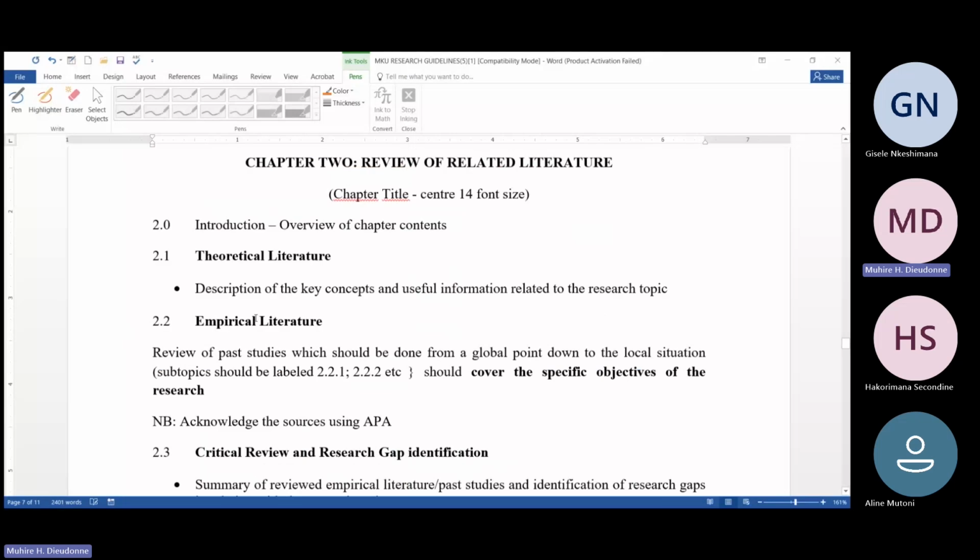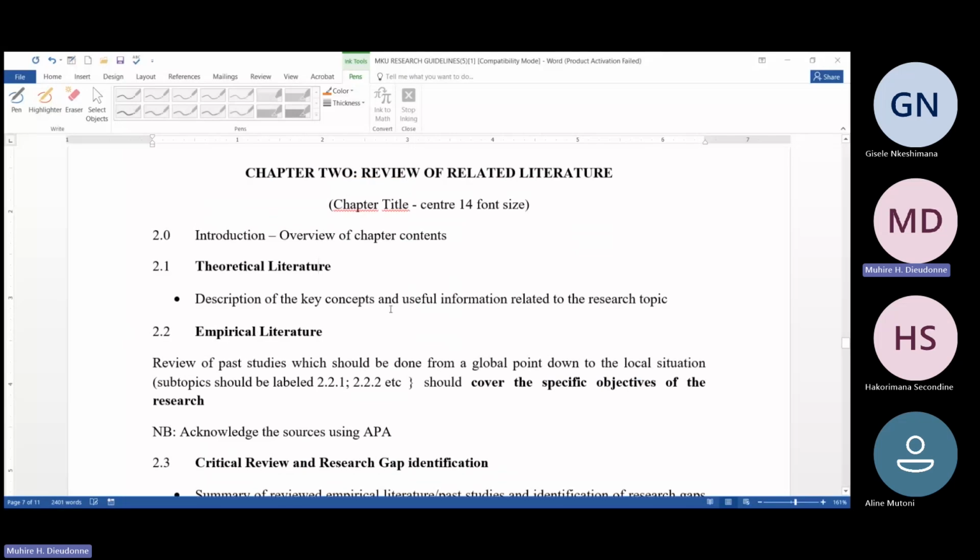In a literature review, we need to make sure that we give information related to the topic. For example, in health sciences, if you are doing a study on malnutrition, you need to make sure that you explain malnutrition clearly, and you go beyond that.